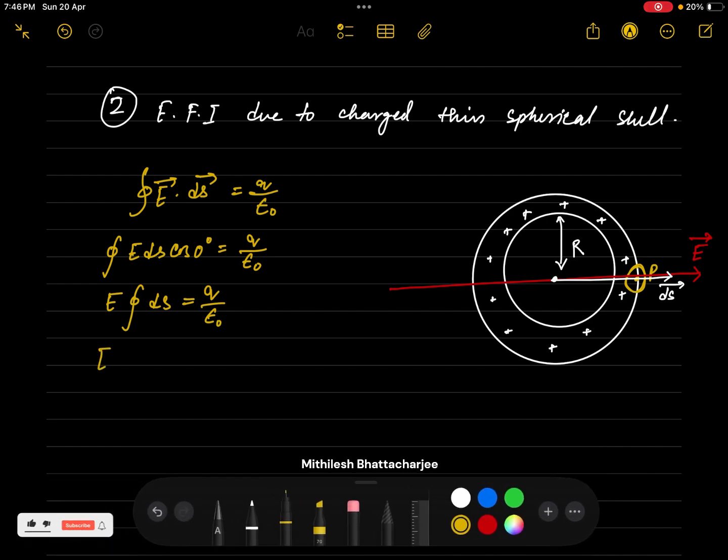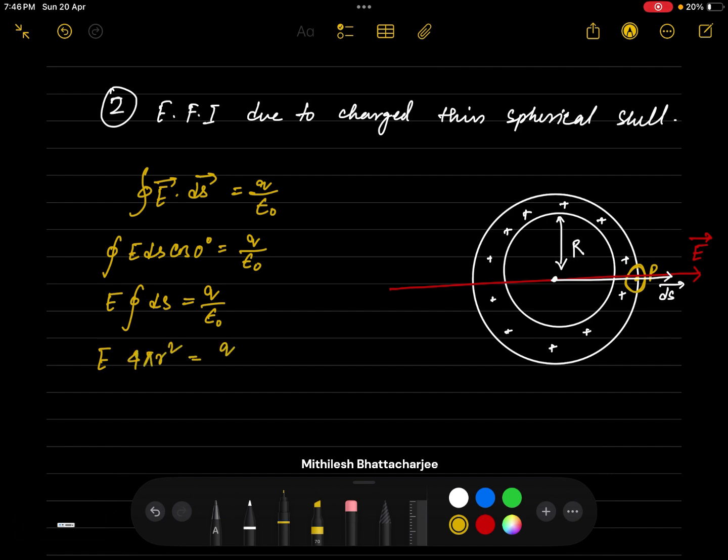Okay, so now just integrate it. The surface integration of ds is 4 pi r square. So E into 4 pi r square is equal to Q by epsilon naught. Here r is the radius of the Gaussian surface and the radius of the shell is smaller.